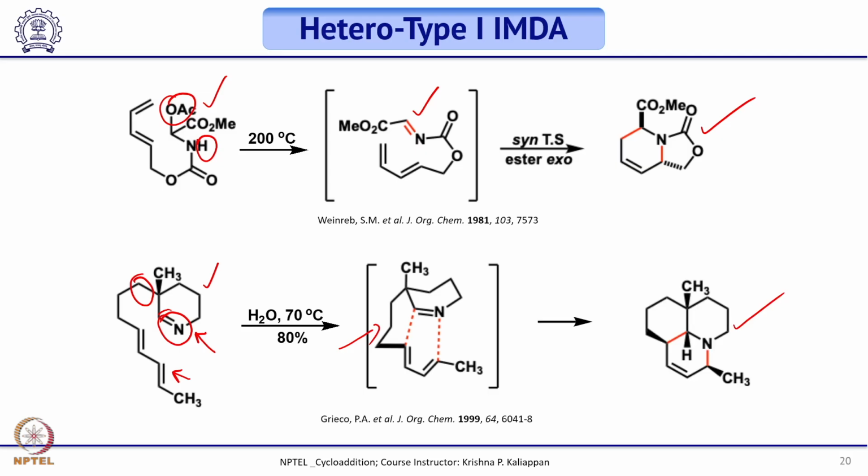Okay. So what we have discussed today is about intramolecular Diels-Alder reaction, where the dienophile is attached to the terminal carbon of the diene, or carbon number 1. Okay.